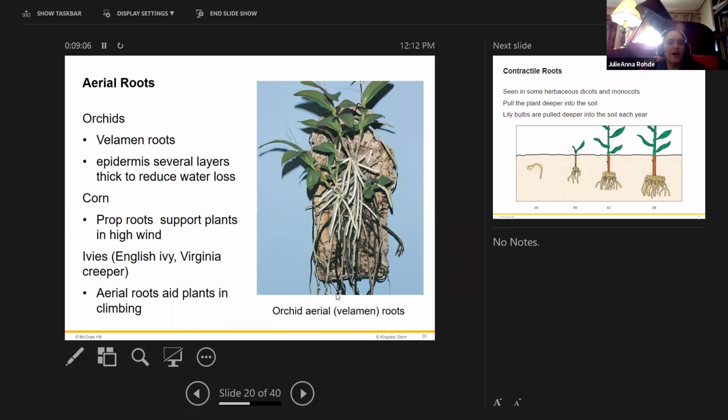Okay, so I have an orchid that I bought about a year ago, and it's in beautiful bloom right now. And you can see these aerial roots sticking off of it. I'm gonna just get up and go get it in a second myself. So in orchids, I think they're referred to as the velamen roots. Mine look kind of similar to this, a little different. What we have is from the epidermis, there are several layers thick.